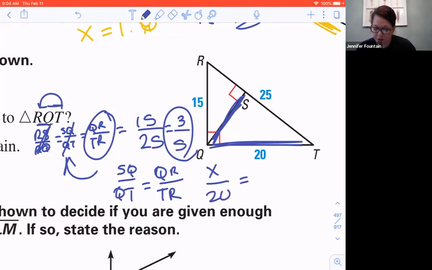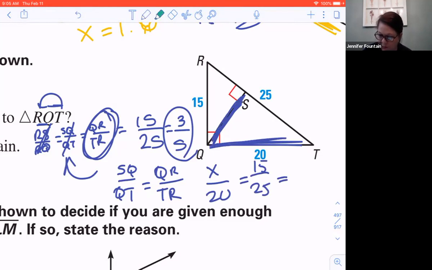Now, if we want to do QR over TR, you could do 15 over 25, or you can use your simplified scale factor. I'll go ahead and just use 15 over 25, just since those are our side measures. So I've said that SQ over QT is equal to QR over TR.